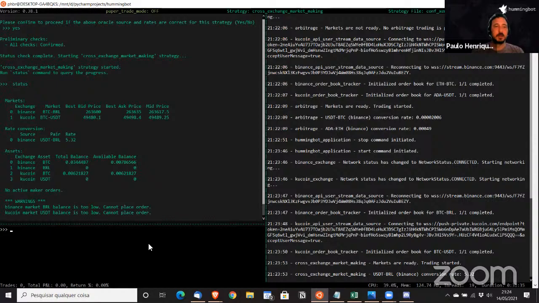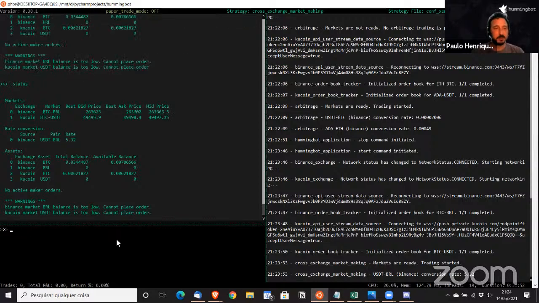We are now market making on Binance while arbitraging the trade through a cross-exchange market making on KuCoin. There isn't any order created yet. I'm not sure why, probably because I don't have enough balance.